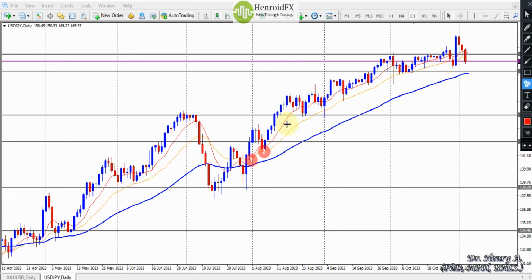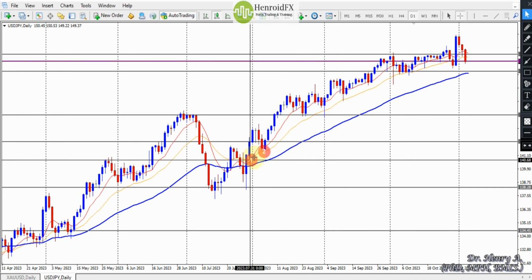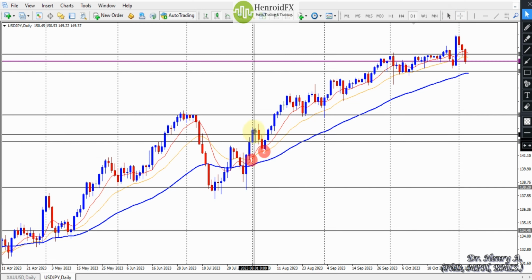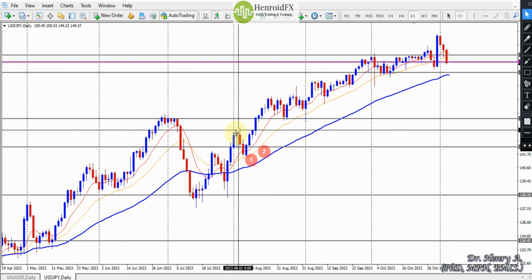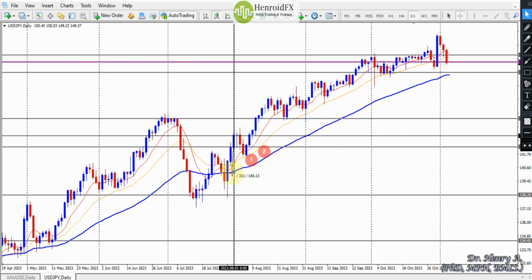Or you can decide, if you are trading the daily time frame, you can decide by saying, okay, for example, you entered here, and your stop loss is below the previous candle, which is 264 pips.